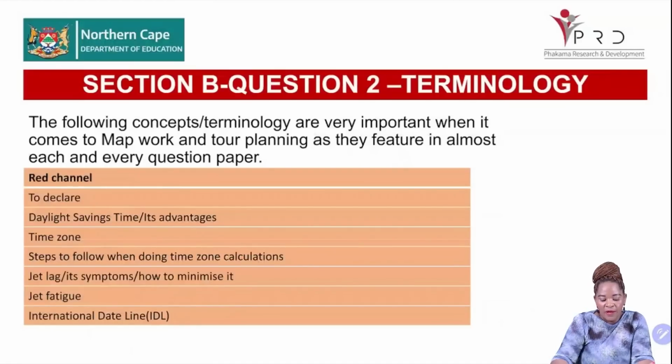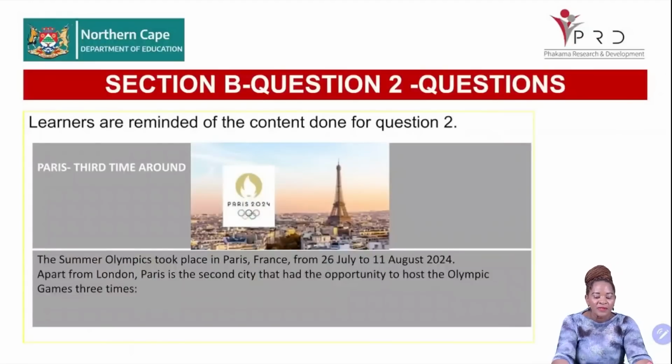And then you have section B still. The questions, now we need to check the questions that you might expect. So learners are reminded of the content done for question 2. Now, the Summer Olympics took place in Paris, France, from 26 to 11 August 2024.